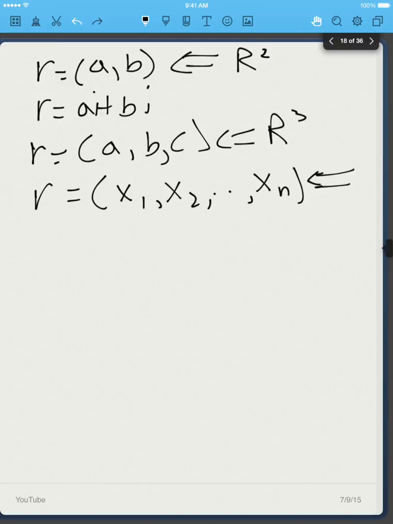That's basically the ordered tuple for Rn. This is good notation for linear algebra and usually how we talk about it. In the next video, I'll start talking about matrices.